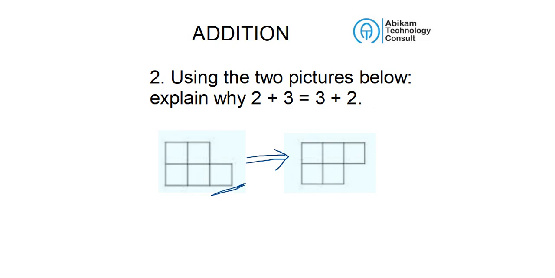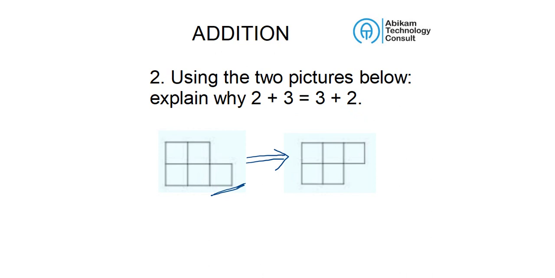You have been able to flip the numbers 2 plus 3, and we have arrived at 3 plus 2. We arrive at the same result for both. So this tells us that when you flip a shape or a figure, it does not really affect the counting that we have there. In this case, we have squares.